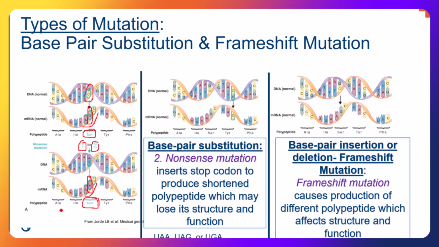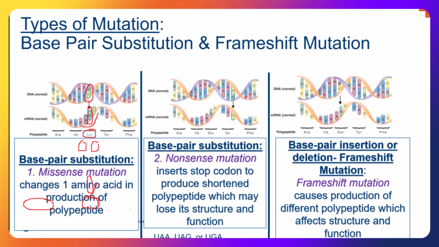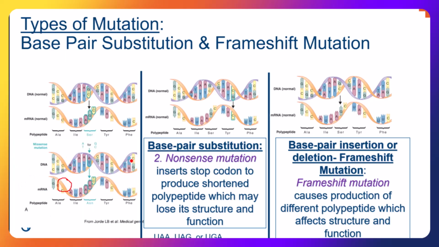So now you can see that in the formation of this polypeptide, there's a different amino acid, which means we're going to form a different polypeptide. So when we talk about a missense mutation, one amino acid in the production of the polypeptide changes. In this case, it's all because a different base pair was put into the DNA, kicking out GC.